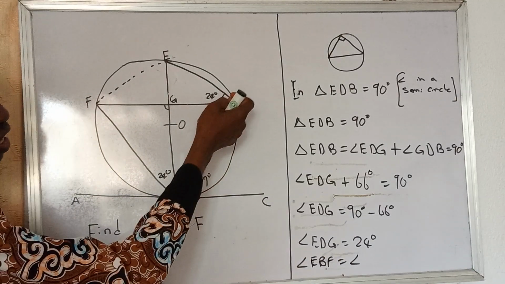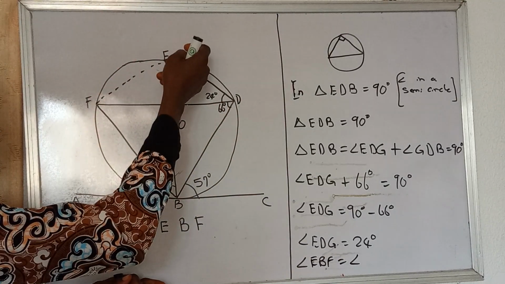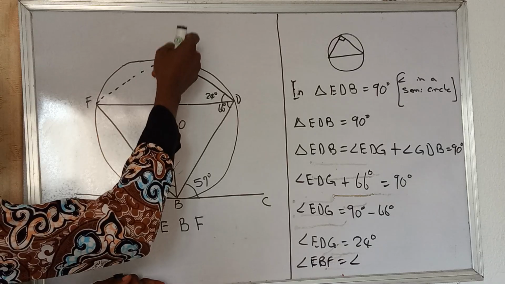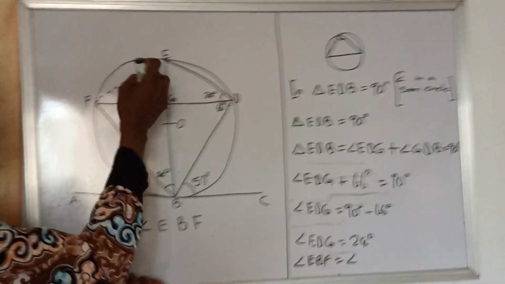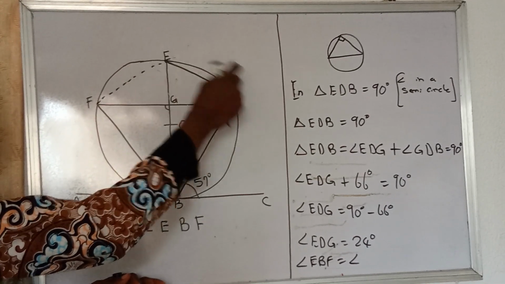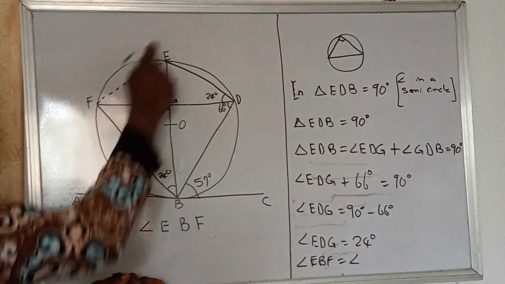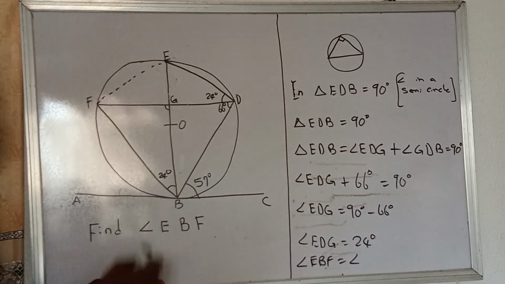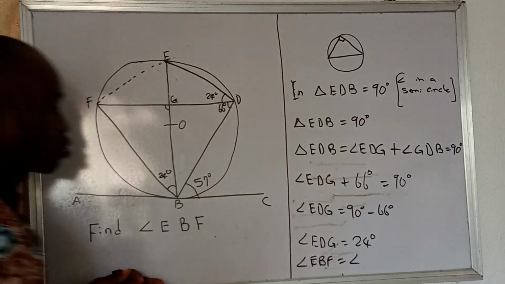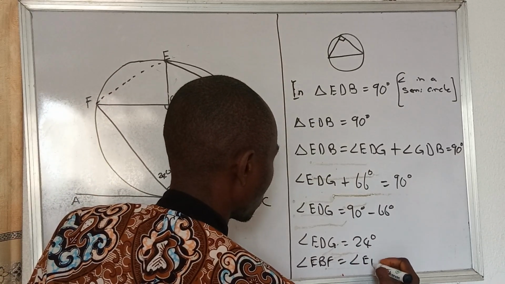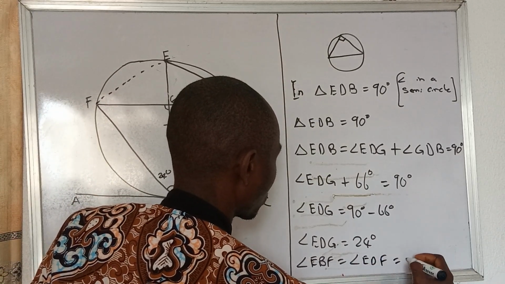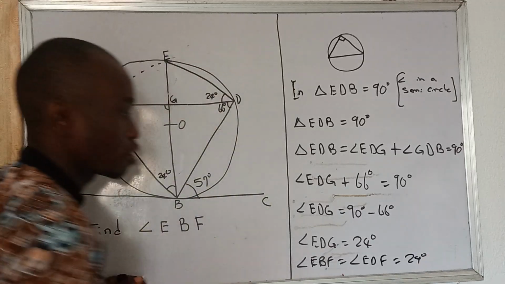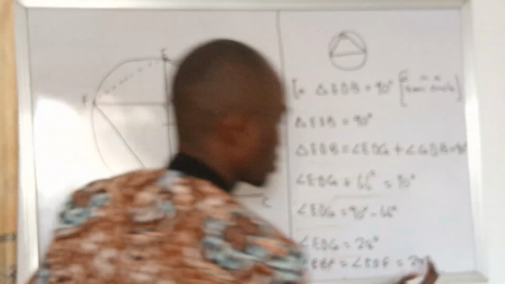Now angle D has base angles at E and F as well. Since they have the same base angles, angle D shares the same base arc angle with angle B. So that means they are angles in the same segment. So we're gonna have angle EDF as well equals to 24 degrees.